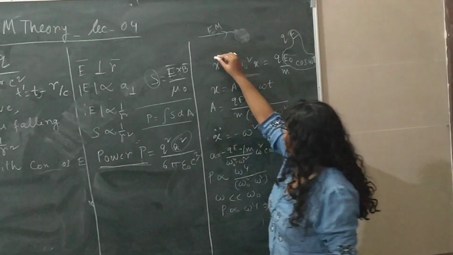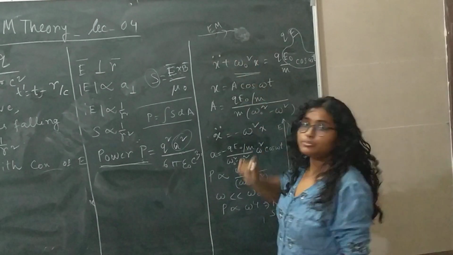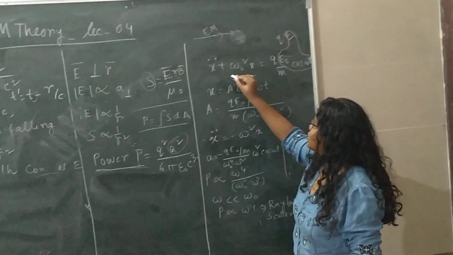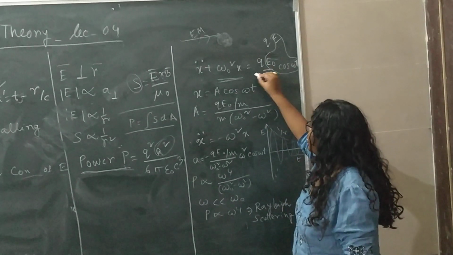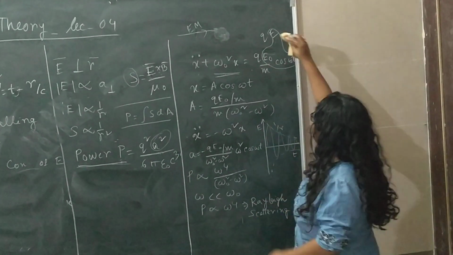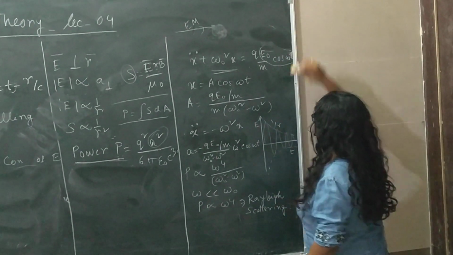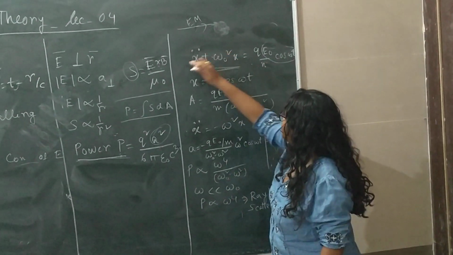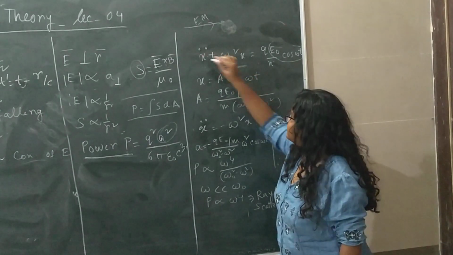So there will be an oscillatory vibration motion, and the forced vibration equation will be x double dot plus omega naught square x equals q E naught by m into cos omega t. Here I just divided by m.